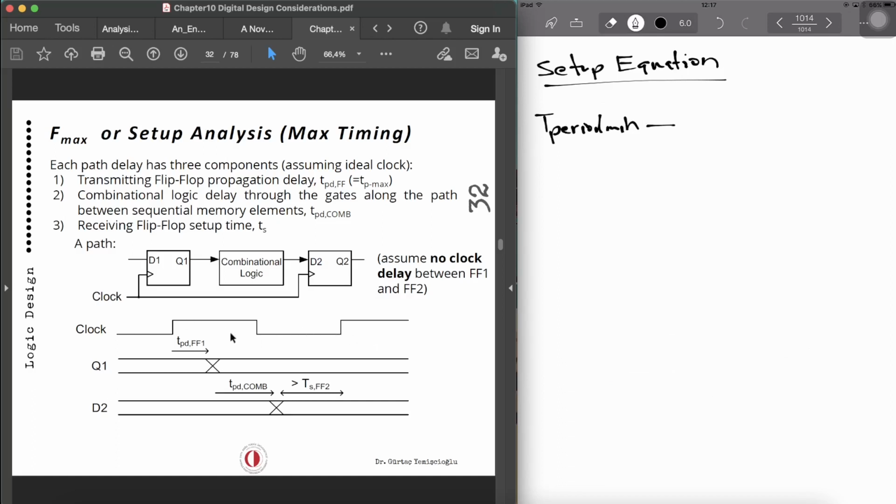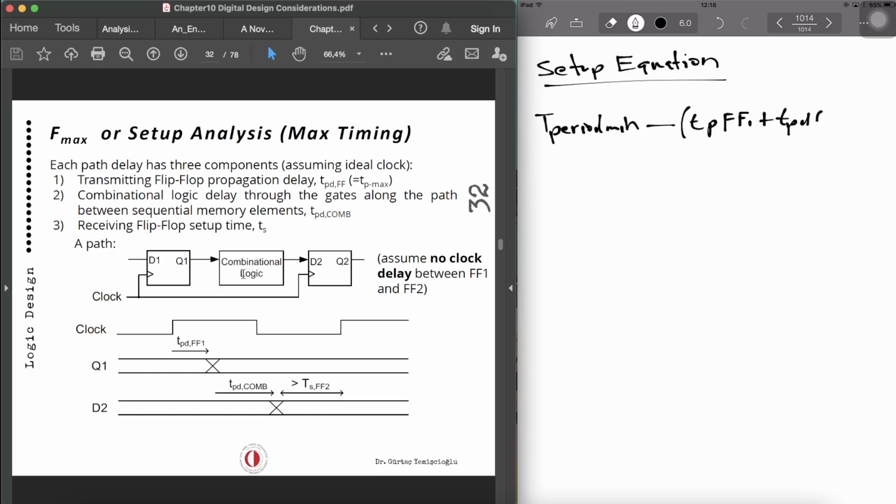From this duration, we have to get rid of the propagation delay of flip-flop 1, TPD flip-flop 1, plus the propagation delay of the combinational logic.